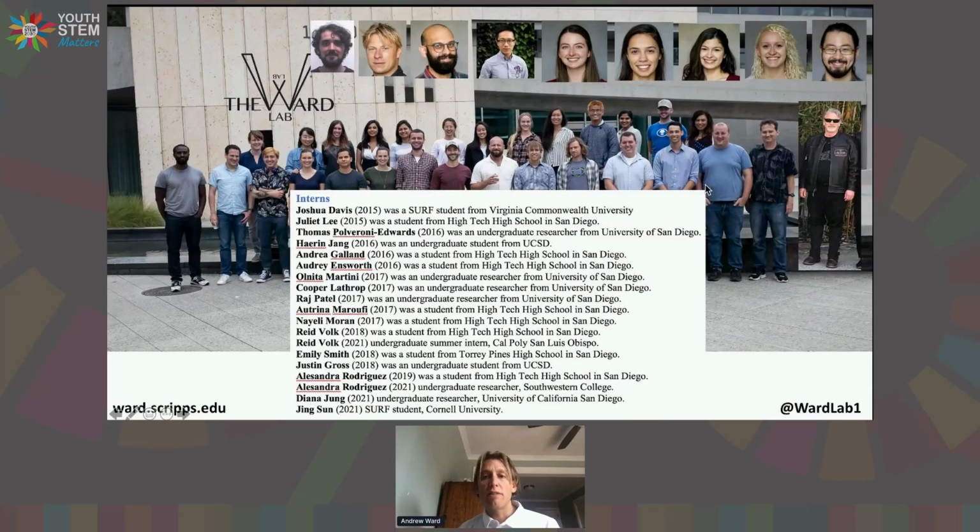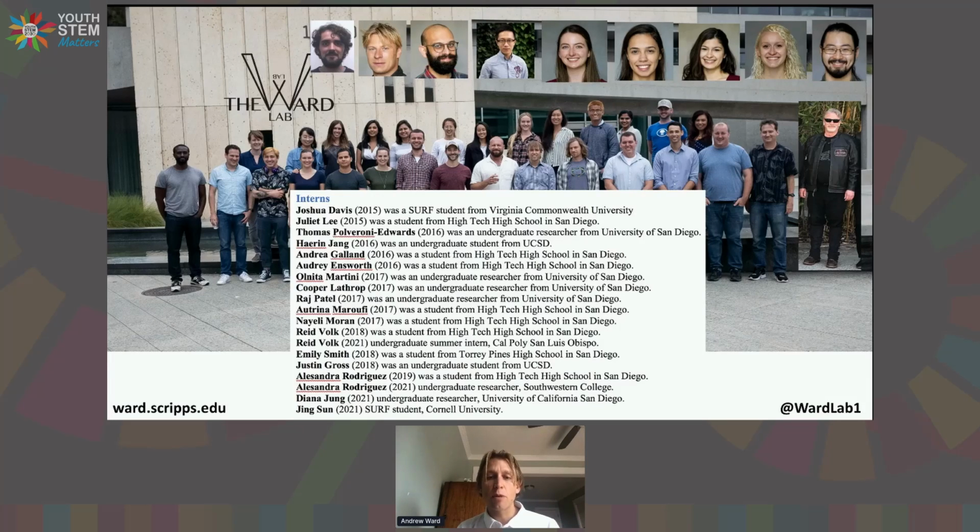And then just to end and say, here's the full picture of the lab. It's a really fantastic and diverse group of scientists doing lots of different things. And just to also note and intersect with this conference a little bit, we've had a great set of interns from 16 years old to about 22 years old, high school and undergraduates. And Scripps has done a really nice job of bringing these scientists in the lab.